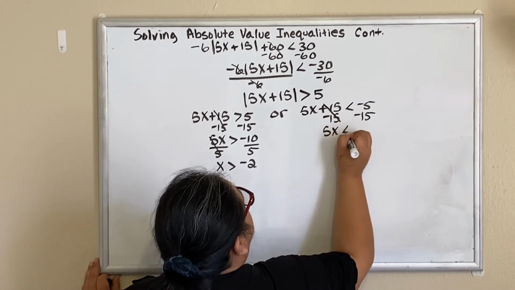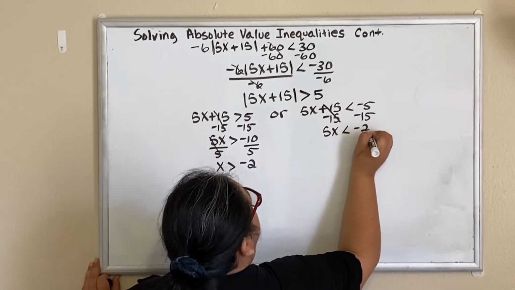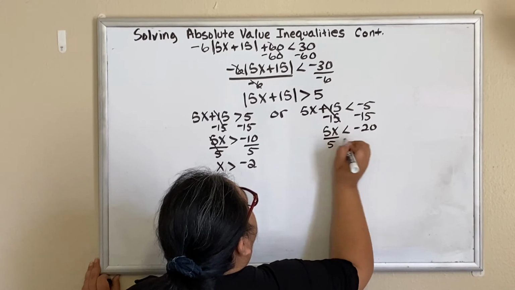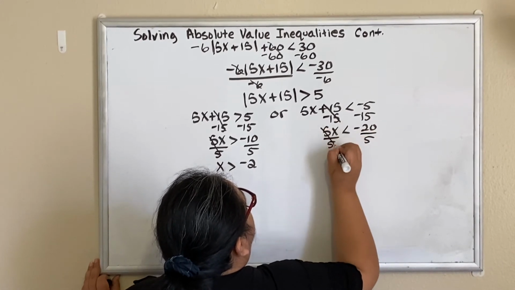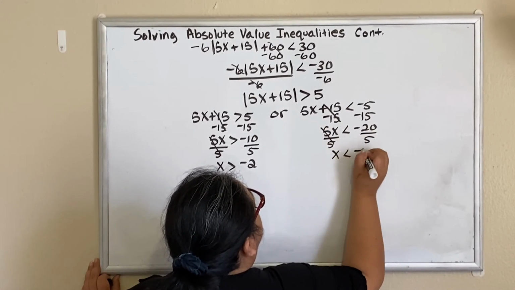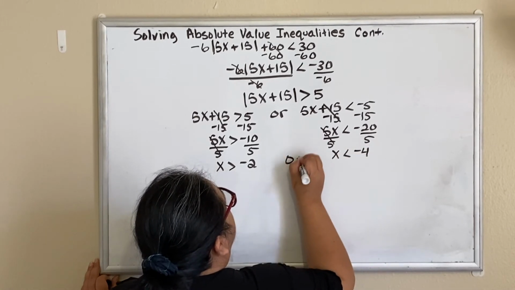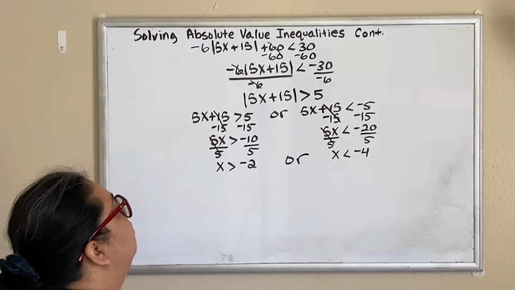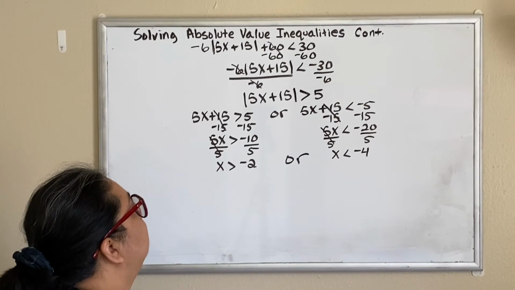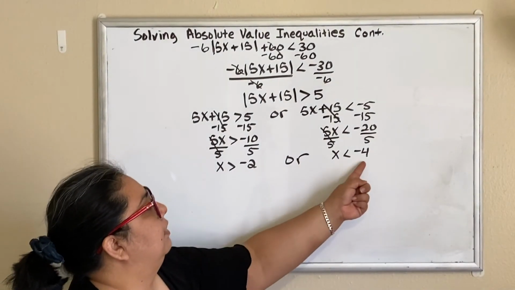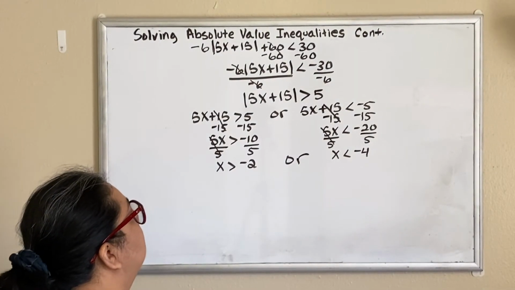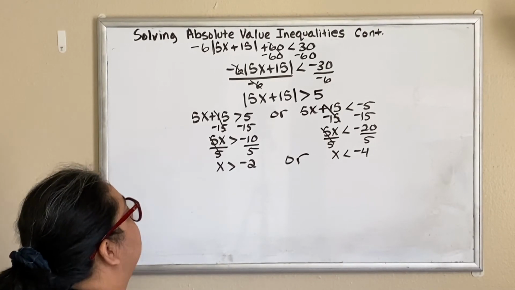We get 5x is less than negative 20. Dividing by 5, we get x is less than negative 4, and this is an or statement. So my two critical values are negative 2 and negative 4. So I can draw these on the number line now.